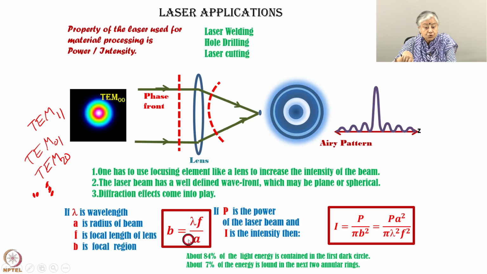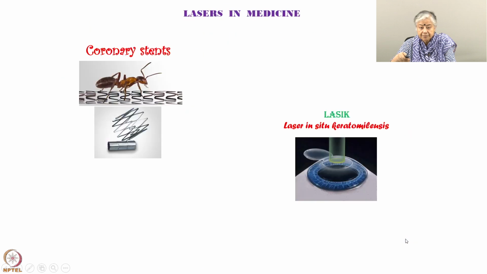So, you see there is lambda, the wavelength that you are using, that is also important when you focus it, and that is important for these diffraction effects. And if P is the power of the laser beam and I is the intensity, then intensity is power by area, that you know. So, P upon pi B square, substituting this, P A square upon pi lambda square F square, where F is the focal length.